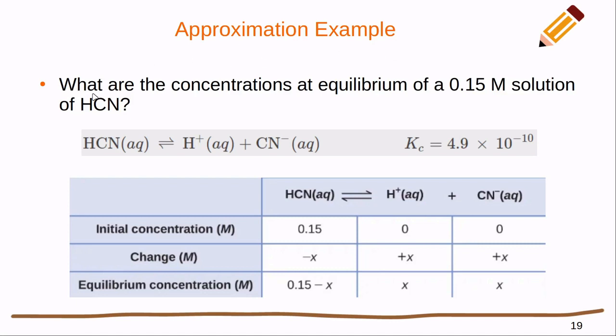Okay? What are the concentrations at equilibrium of a 0.15 molar solution of hydrogen cyanide? So we can see that in this problem, rather than giving us words that we need to parse through, it's relaying a lot of information just with this equation right here.